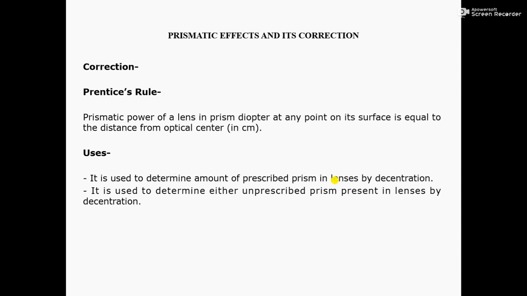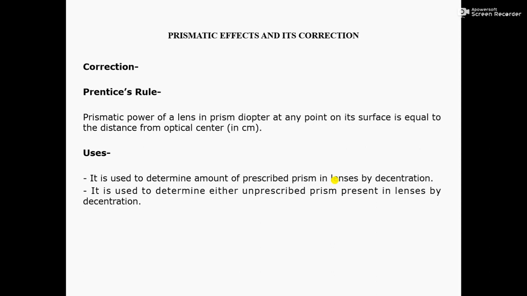Next, correction. For deviated eye correction, we need Prentice's rule. The prismatic power of a lens, in prism diopters, at any point on its surface is equal to the distance from the optical center in centimeters times the lens power.